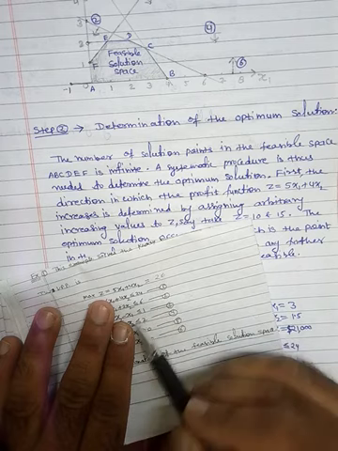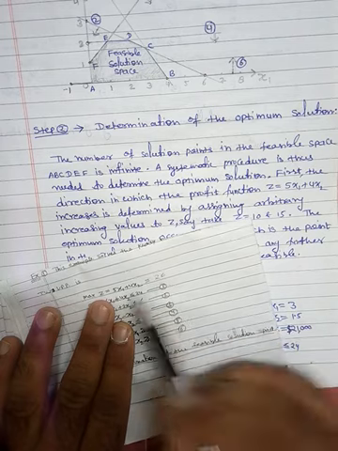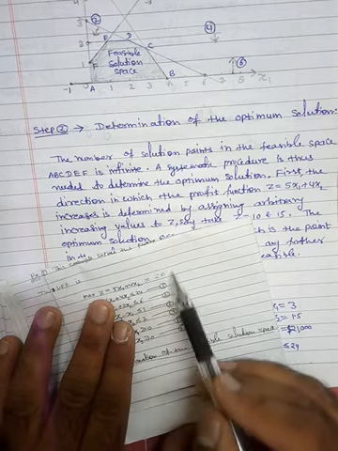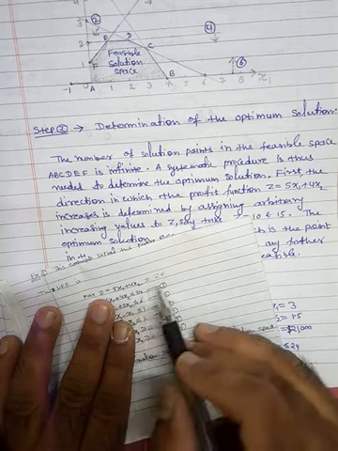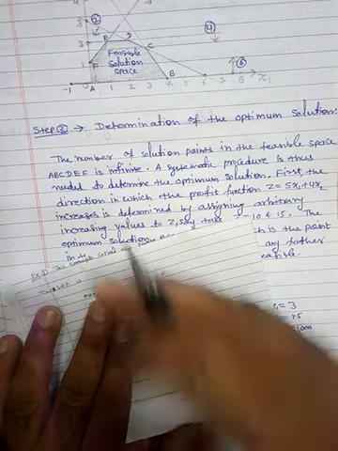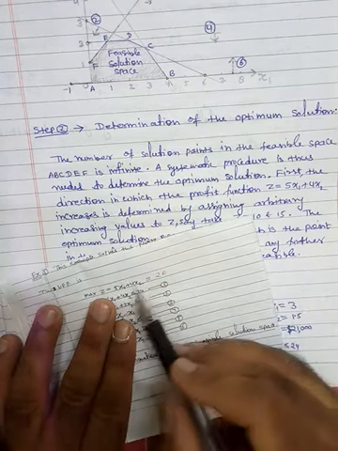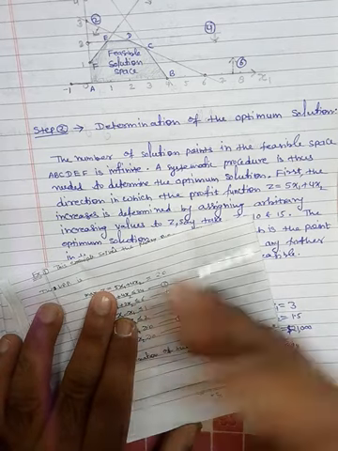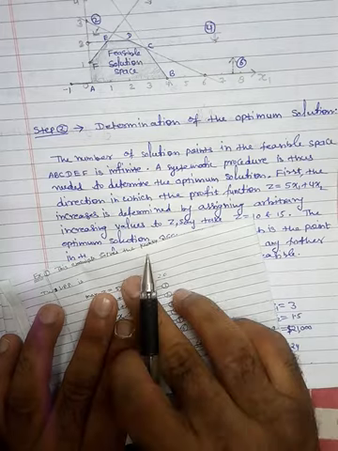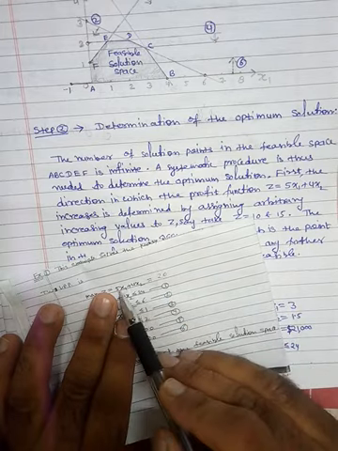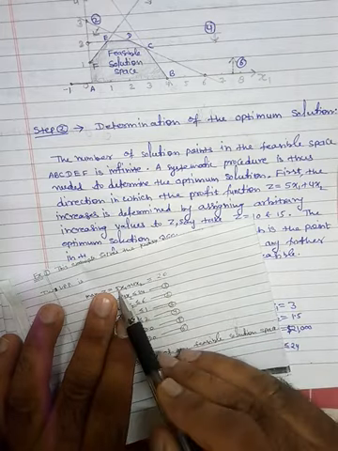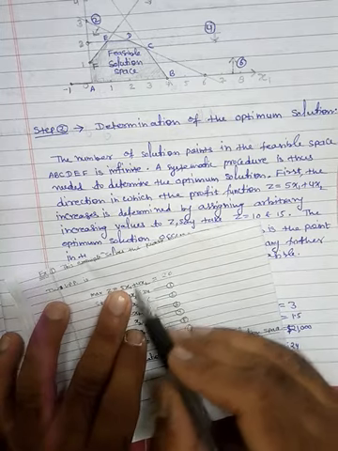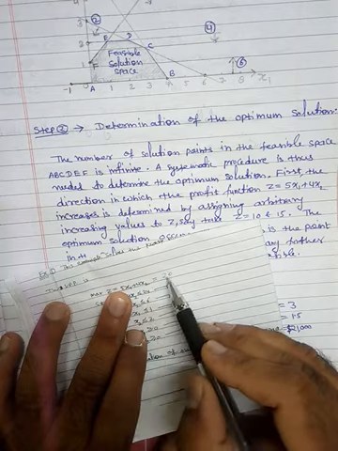We have selected 20 because it is a common multiple of 5 and 4, so that we can easily find the points where this objective function intersects the x1 axis and x2 axis. When you put x2 equal to 0, 20 divided by 5 gives 4. Similarly, when you put x1 equal to 0, x2 will be 5.